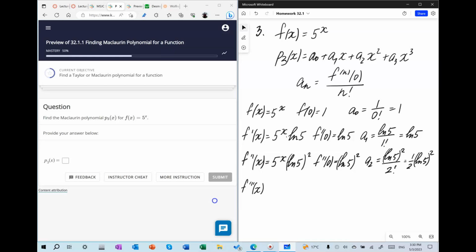The third derivative, I guess we can see the pattern here.